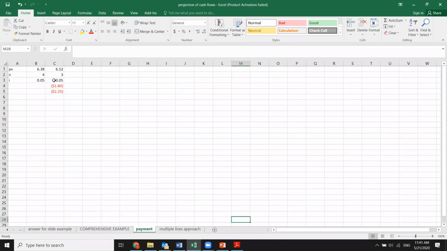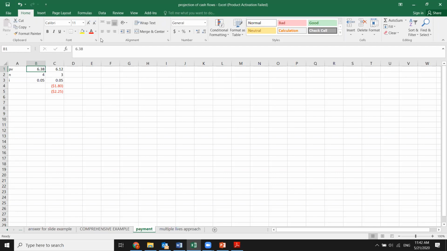Let's use the payment. Now, same thing. We have a present value, which is 6.38. Like in here, we're trying to compute, if you remember from the finance course, from the previous classes that you took in previous semesters, how to calculate the annuity payment.